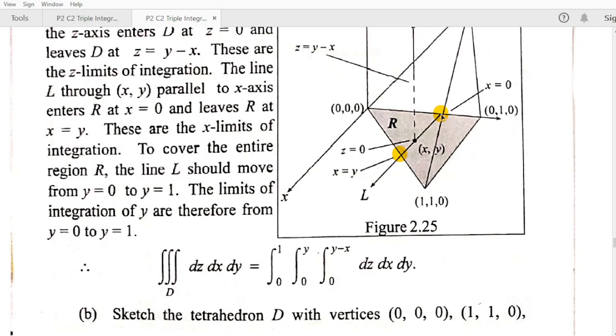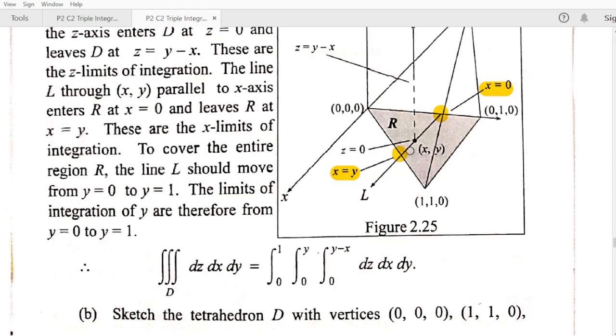So at this point, the value of x is 0. And this is a point on the line. We have already found the equation of the line from the previous problem: y equal to x. So y equal to x means the value of x at this point is x equal to y. So we get that the limit of x is from 0 to y.